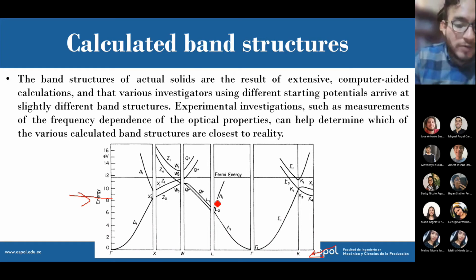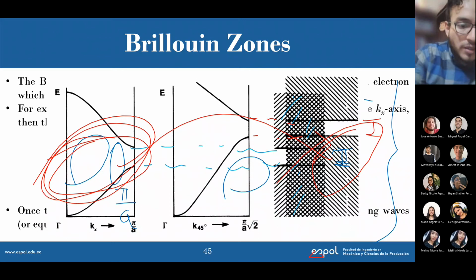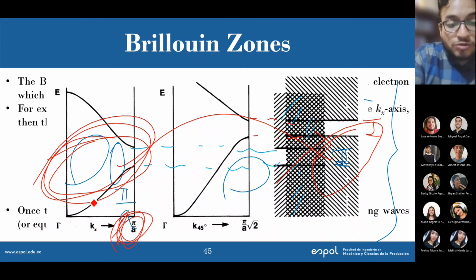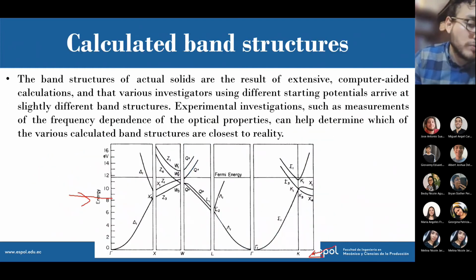And how do you define those directions? Well, say you're finding K critical, and you're defining it for this, for example. You're finding if the electron is moving in pi over a, or pi over a square root of 2, so if it's moving at 45 degrees, at 0 degrees, at, let's say, 30 degrees, and that's all defined because of the directions, right?